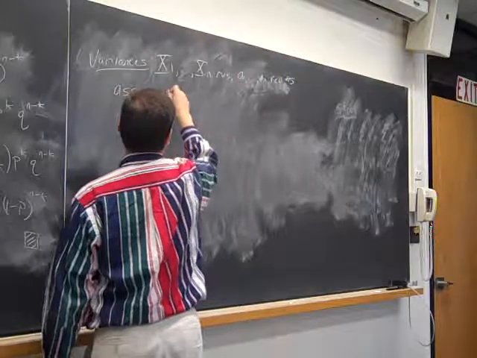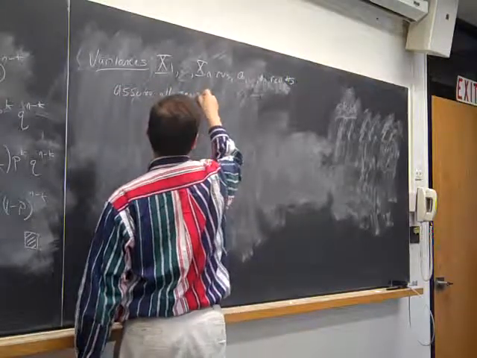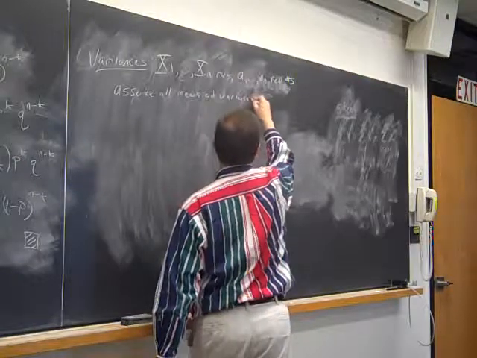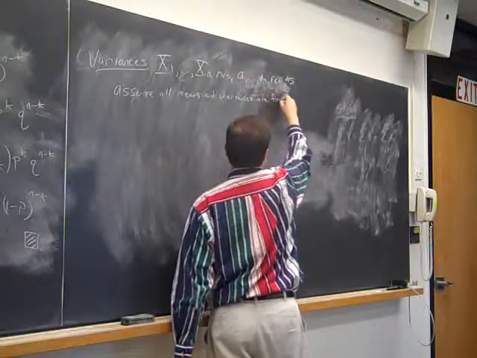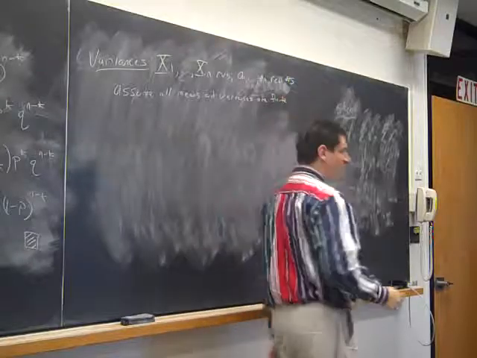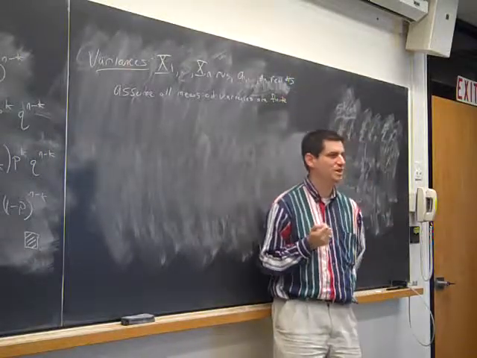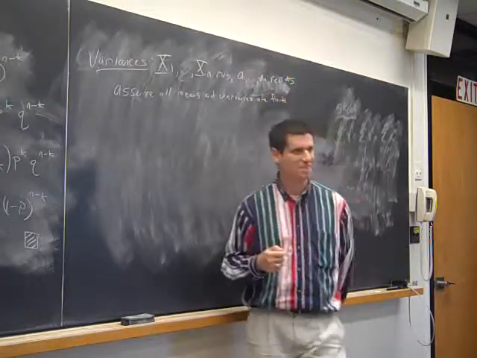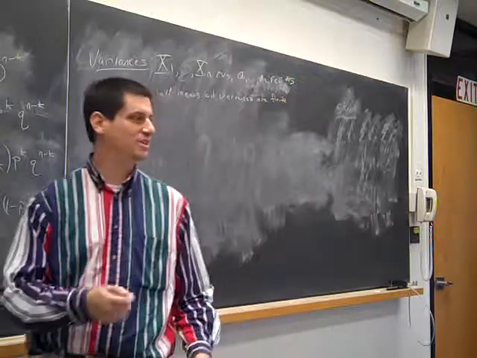Assume all means and variances are finite. Technically, I don't think I have to assume the means are finite, because if the variance is finite, then the mean has to be finite.